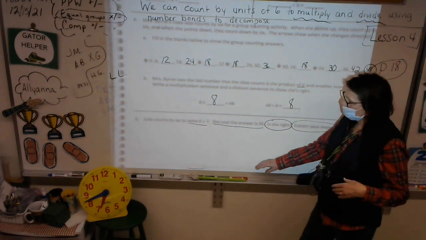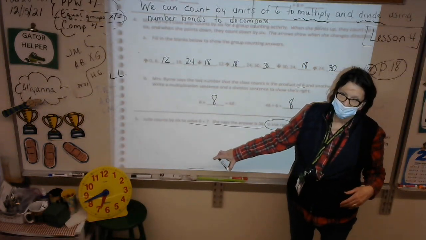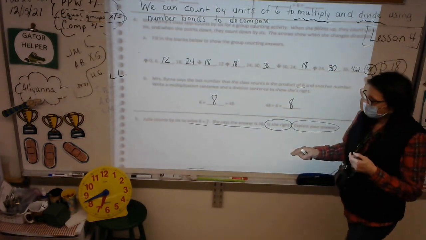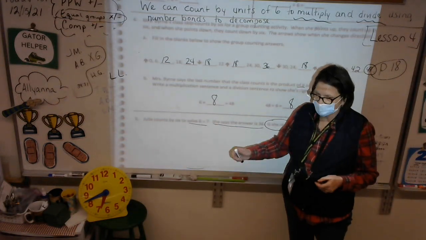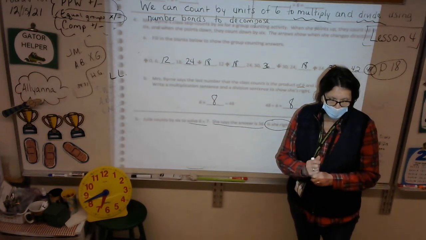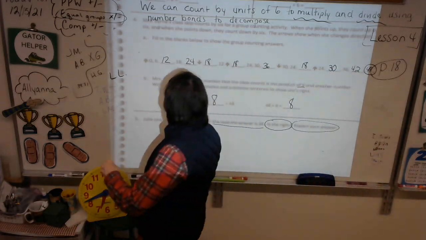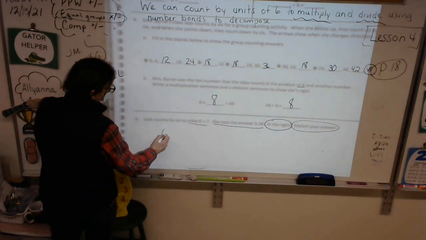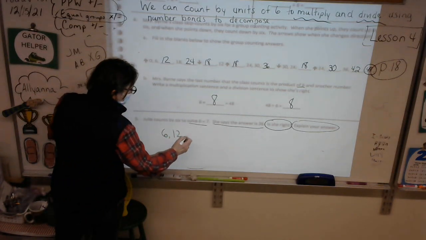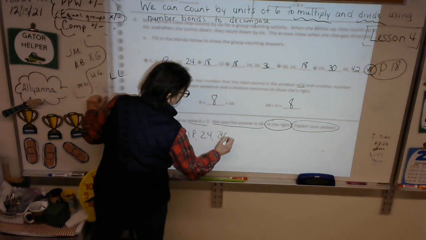So friends at home, what you want to be doing right now is skip counting by sets. Jace and William, hands to yourselves. Julie is going to count 7 sixes. Skip count with me, class. 6, 12, 18, 24, 30, 36.